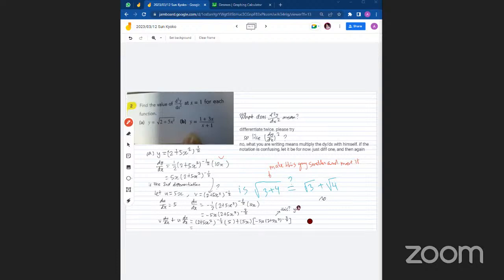But does it look complicated? I guess you can try simplifying if you want to. Do you know how to simplify, right? Let's see. Okay, move this first. Make more space. Make it smaller.